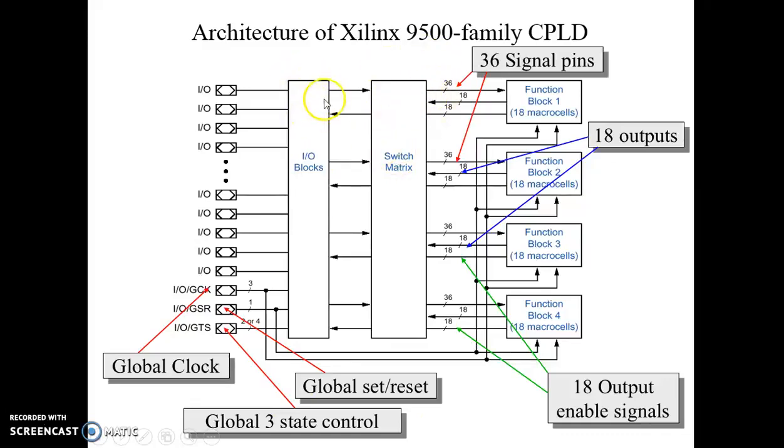We can see here output from input-output blocks are given to the switch matrix, whereas output from the switch matrix is also given to input-output blocks. There are 4 function blocks. Each has 36 input signal pins, 18 outputs and 18 output enable signals.